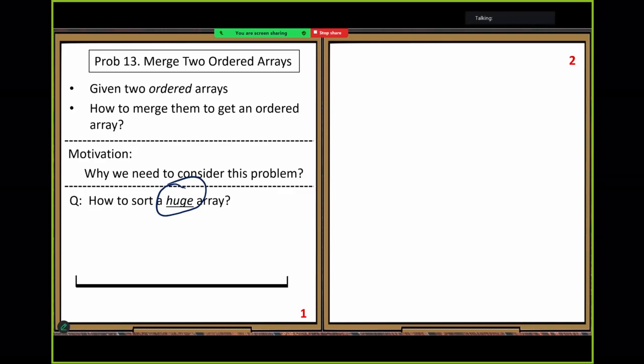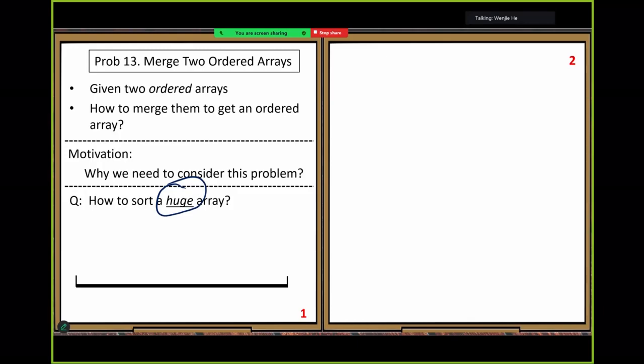Your original data is stored on a hard disk, but when you sort your data, you need to load it into the main memory. Look at the size of your main memory. We know the size of the main memory is usually much smaller than the size of the hard drive.